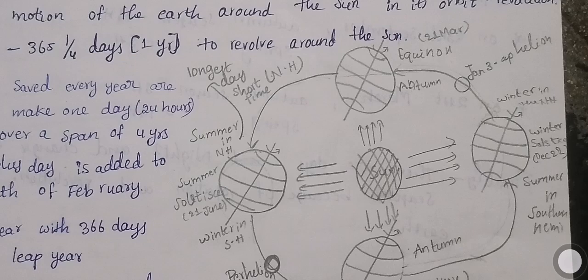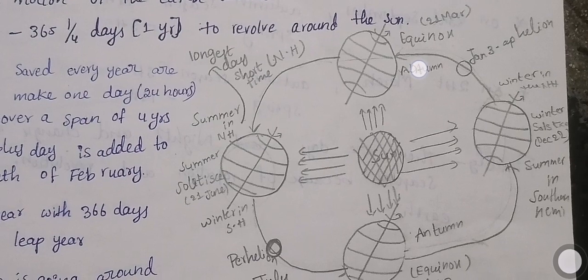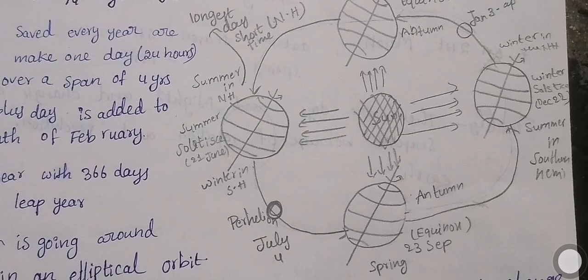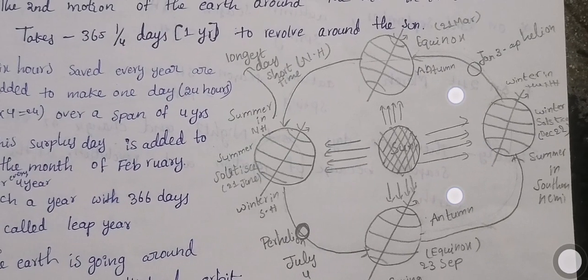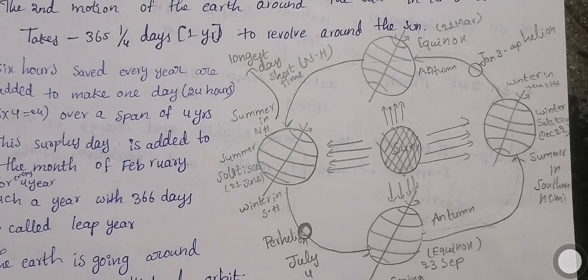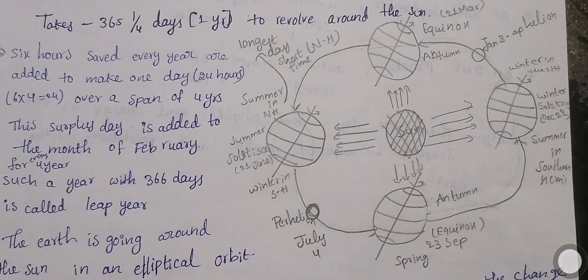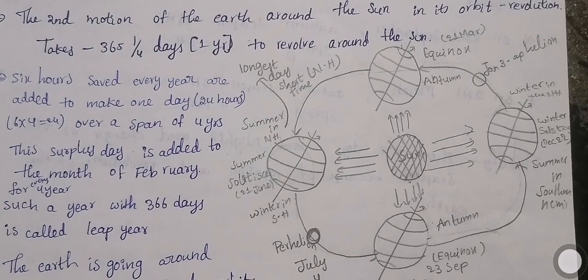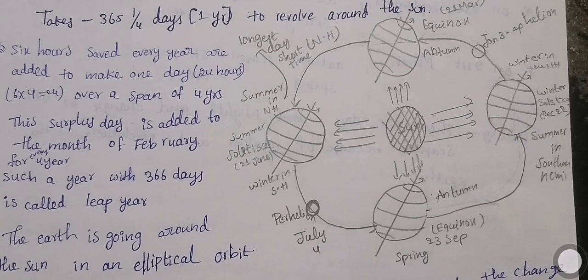Next, if you come to the position of the 21st March and the 23rd September, these two positions are called equinox. On 21st March it is called the spring equinox, and on 23rd September it is called the autumn equinox.